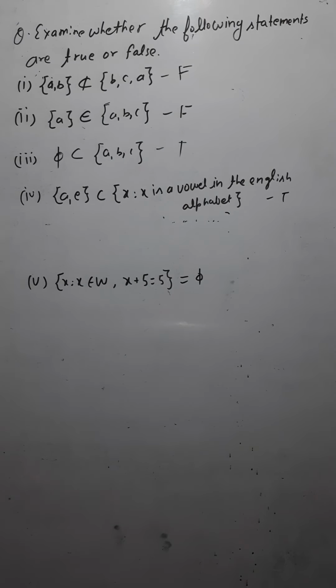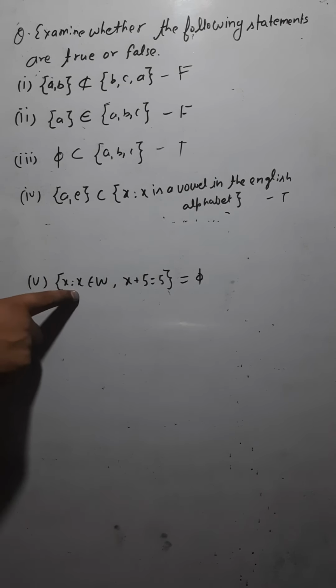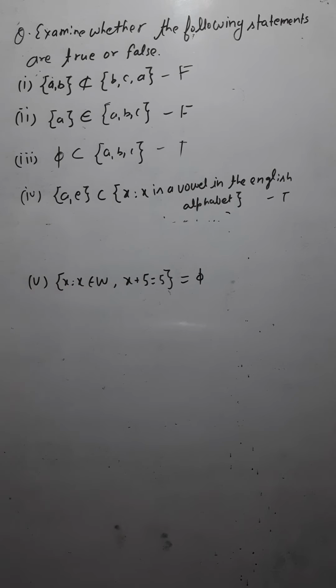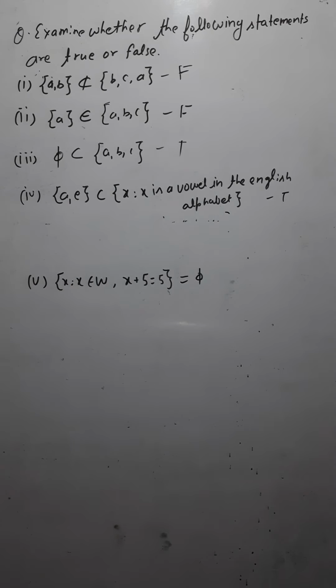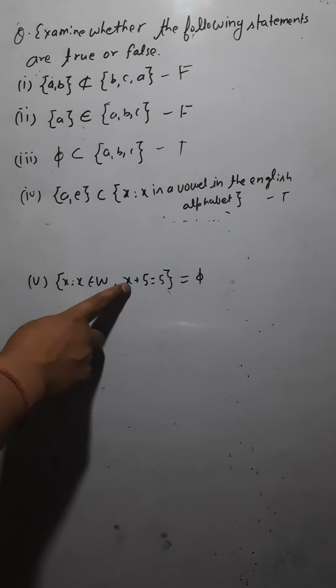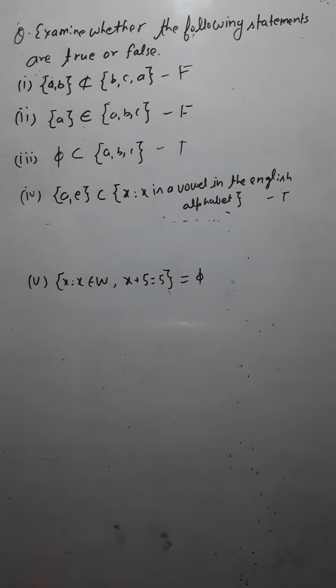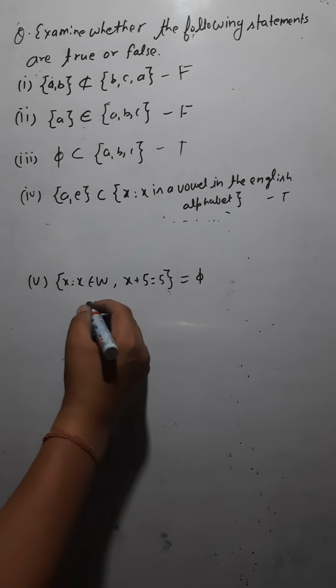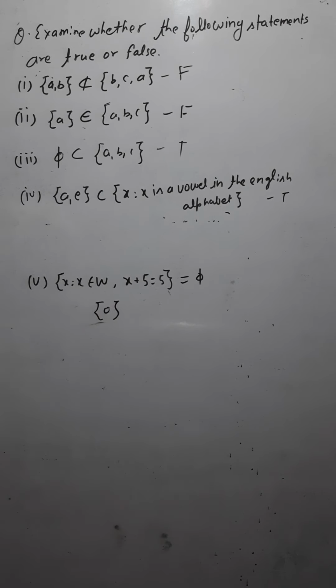Now the next one is a set that contains whole numbers x, such that if you add x to 5, you get 5. I think you would get only one number here, that is 0, because 0 plus 5 is 5. You cannot take 1 here, because 1 plus 5 is 6, which is not equal to 5. So in this set you have only one element, that is 0.